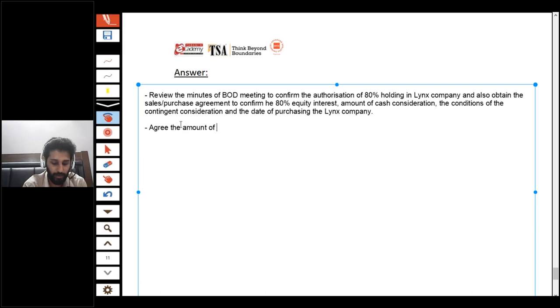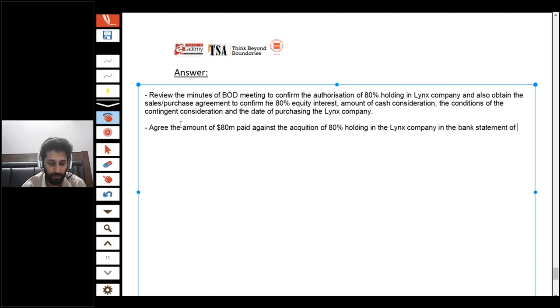Agree the amount of $80 million paid against the acquisition of 80% holding in the Links company in the bank statement of 1st December 20x4.